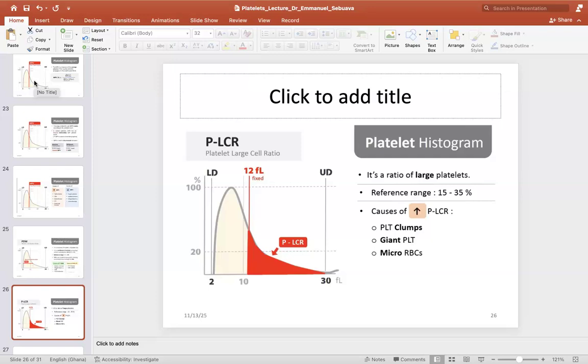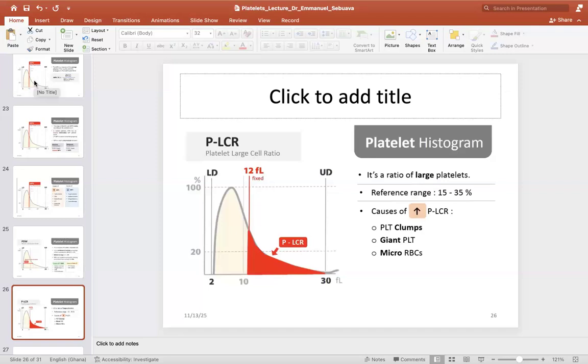Then when you make a film, some of the things you should be expecting to see are platelet clumps, giant platelets, or micro RBCs. So you realize that some of these things are running through even when we started talking about MPV. They are also here. When we were talking about RDW, we mentioned some of these things. Now we are talking about PLCR.